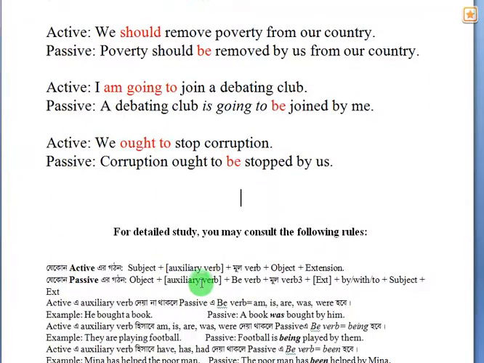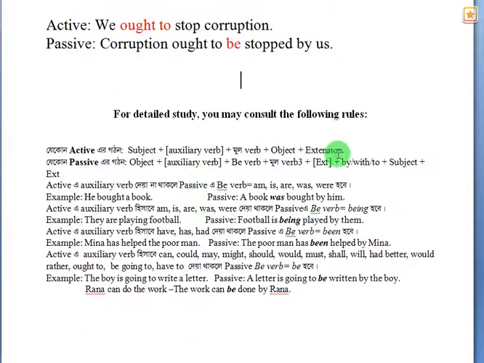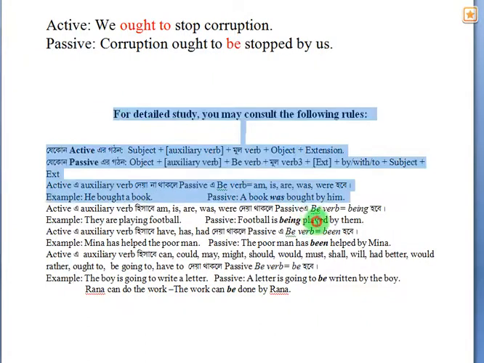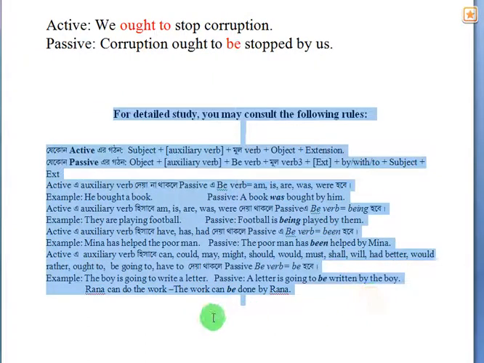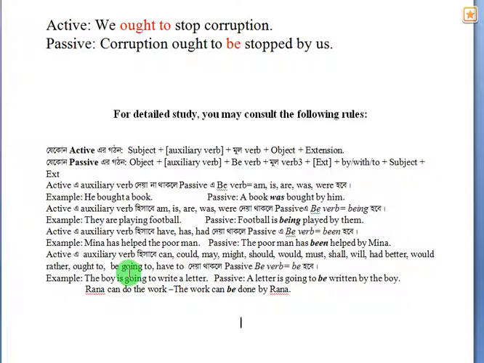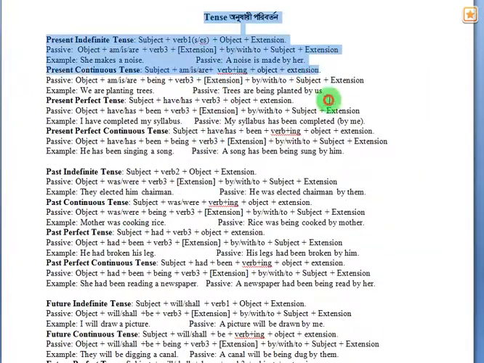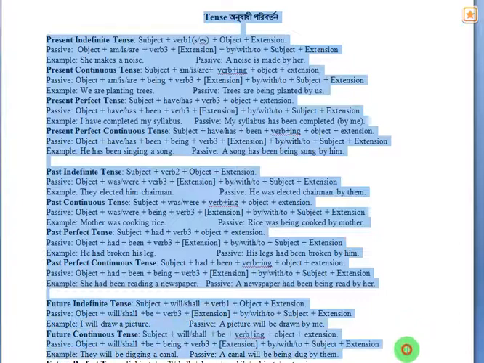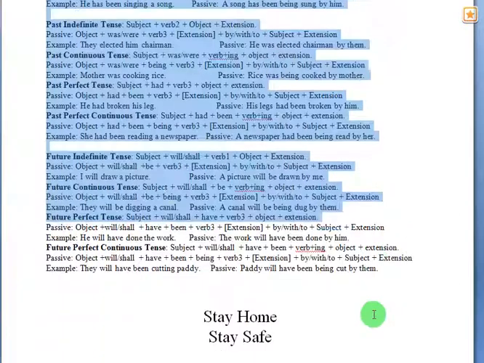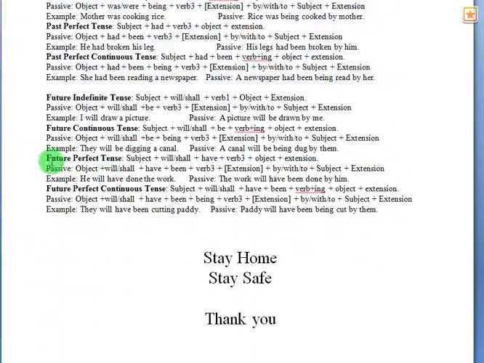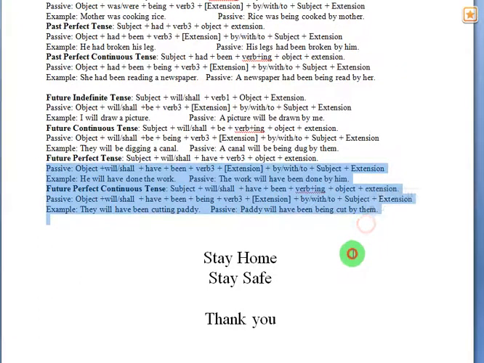And for your detailed studies, the rules have been given here. You may go through them, and then you will have a clear-cut idea about voice according to tense.